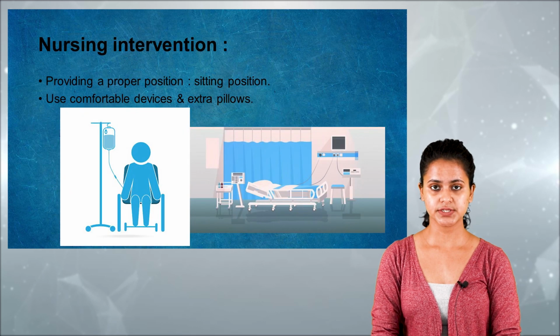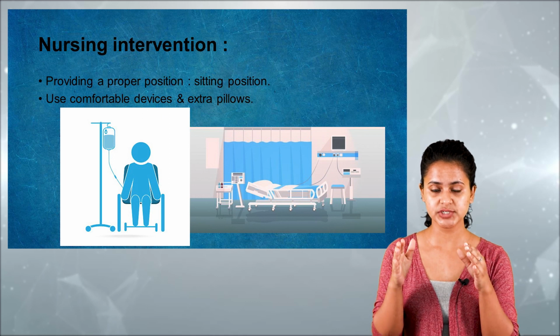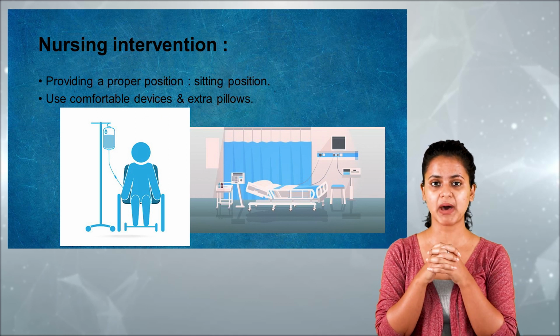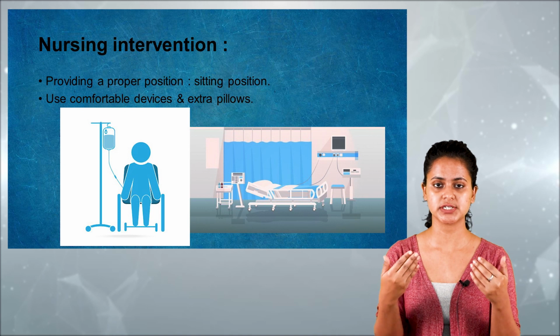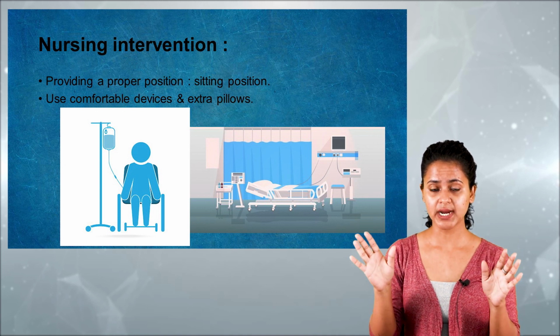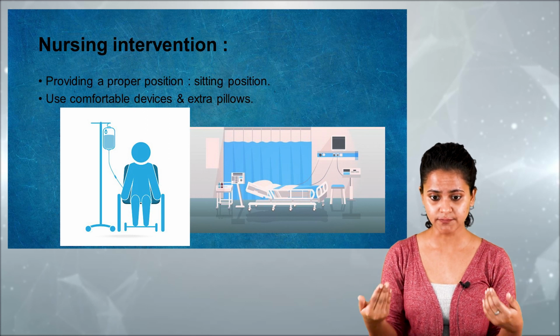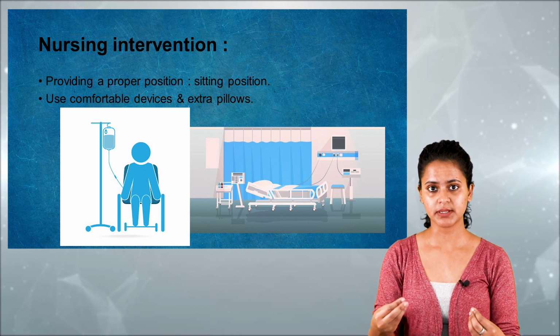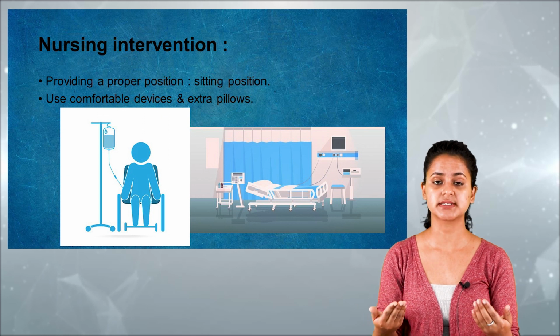So other nursing interventions include, once the emergency scenario is managed with the proper treatment and adequate intervention, the next step of a nurse is first providing the client a very comfortable position, preferably high Fowler's position or a sitting position.